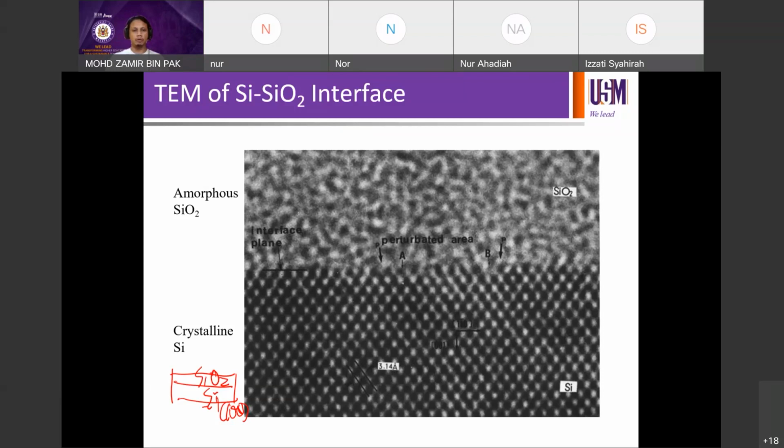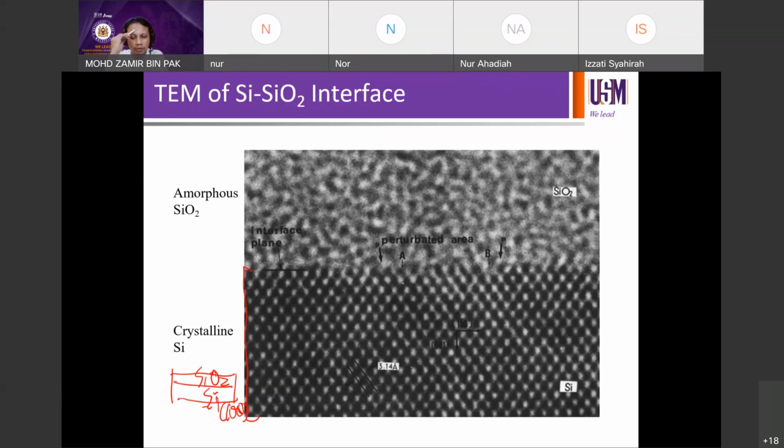So when you look at the growth of oxide on silicon here in the TEM, what do you see in the lower part of the TEM? Can you see any crystalline atomic periodic arrangement of atoms? In the lower part of the TEM image. Do you see any particular crystalline arrangement of atoms?